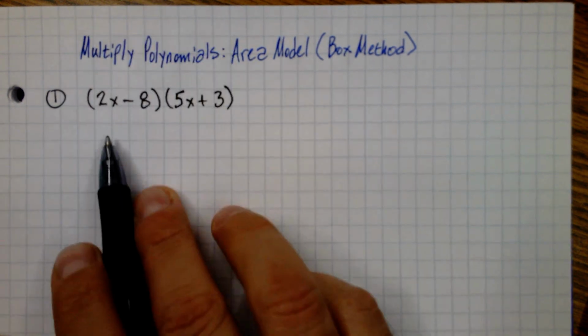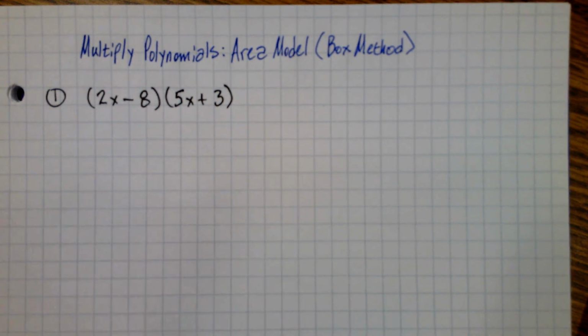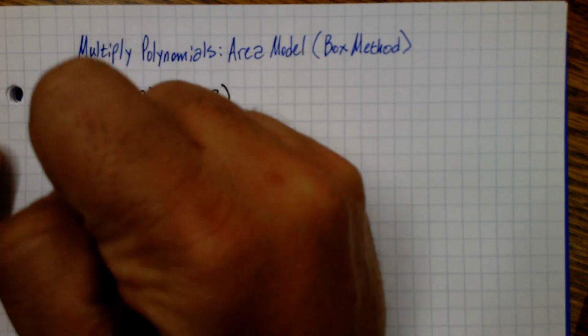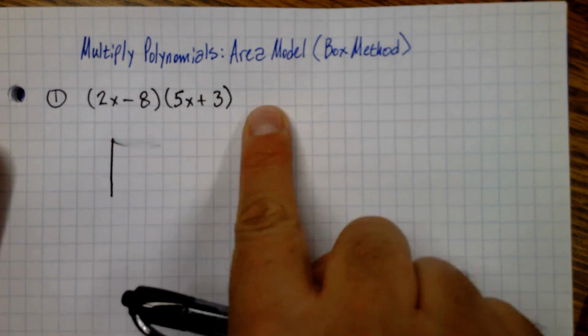So we're going to set up an area model and think of it as your length and your width. So this is a length and this is a width, okay? So let's make a box, and it has to be a 2 by 2 box. 2 terms here, 2 terms there. So it's going to be 2 rows and 2 columns.